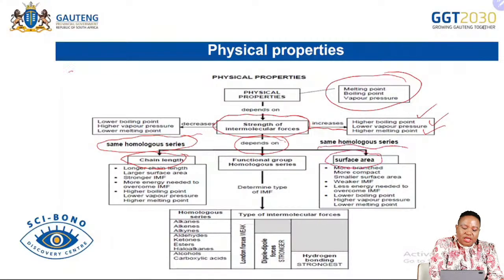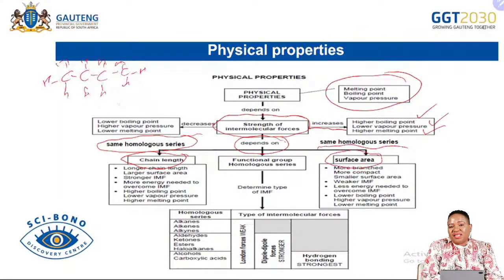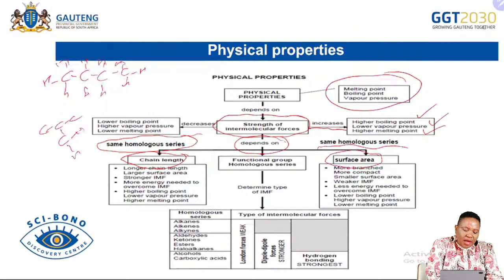For example, if I'm taking butane as my compound, and then I'm comparing the boiling point of butane and 2-methyl propane. What you know about butane and 2-methyl propane is that they are chain isomers of each other. So what I'm keeping constant is the mass. Butane will have a higher boiling point than 2-methyl propane.